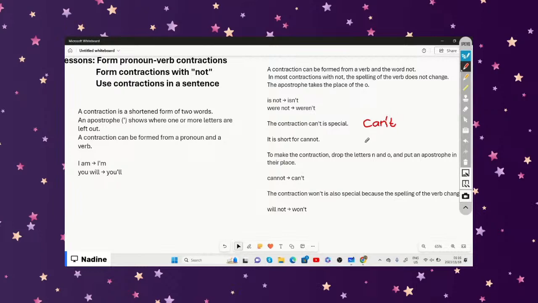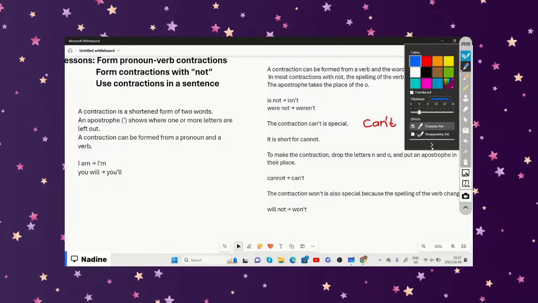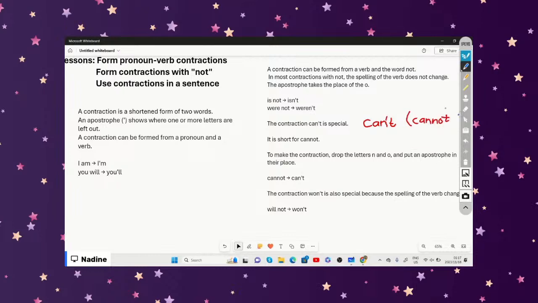So this word is basically a shortened word for cannot. So the letters that were left out, which we had to replace with an apostrophe, were the N and the O.